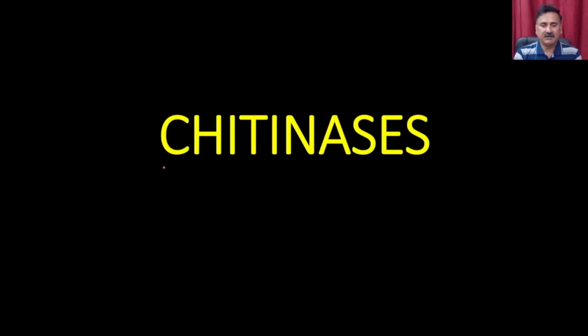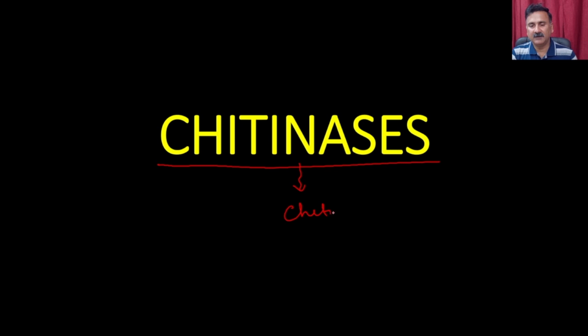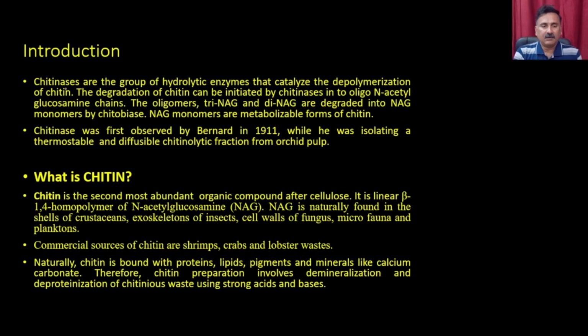Now let's move on to the next enzyme, the chitinases. Chitinases are enzymes which degrade the component called chitin. Chitinases are a group of hydrolytic enzymes that catalyze the depolymerization of chitin. The degradation of chitin is initiated by chitinases into oligo-N-acetyl glucosamine chains.